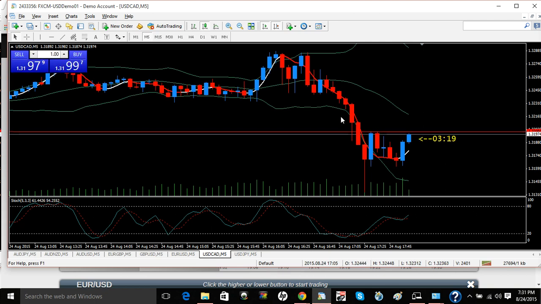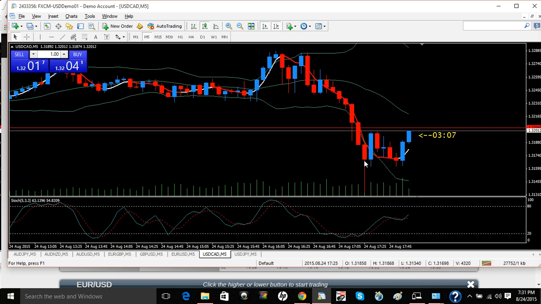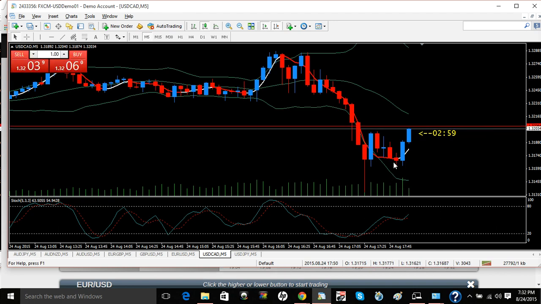But the problem was you had so many shooting down that this candle here you would not have known if it was going to stay shooting up or not. It might have just dropped all of a sudden and continued going down. So now we're starting to see a trend going up, but the market doesn't look very stable right here. So USD Canadian is not a good thing to trade right now. So let's go look at Euro USD.